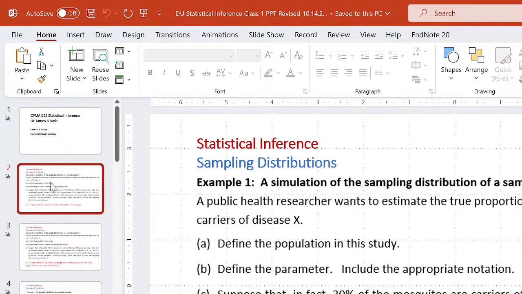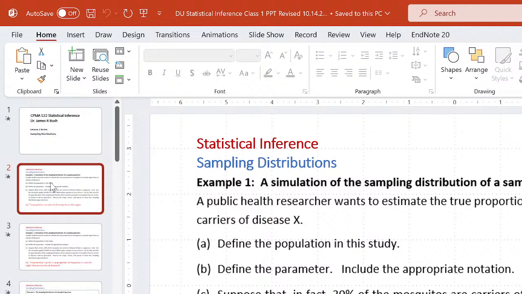Good luck with that. Now the parameter, okay, is P, that's the first on the list, a population proportion. It's the true, honest-to-goodness proportion of mosquitoes in that region that are carriers of disease X, whatever that disease is.